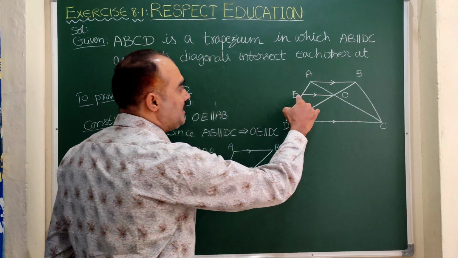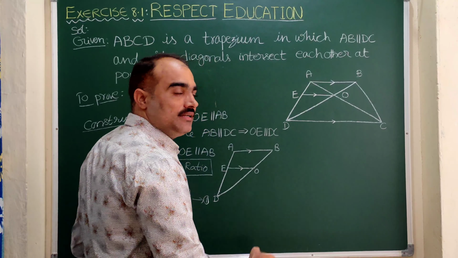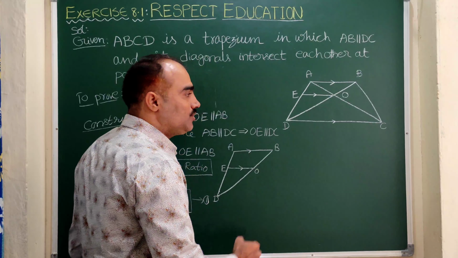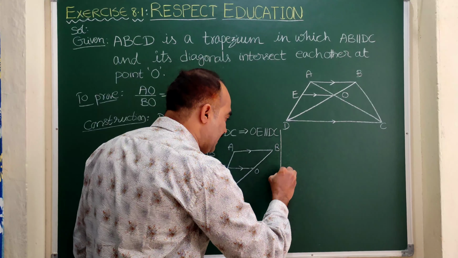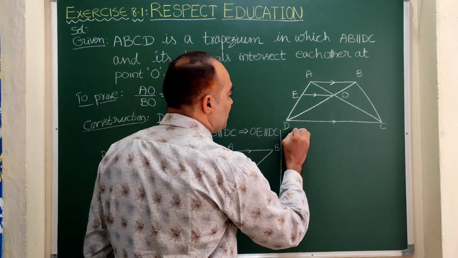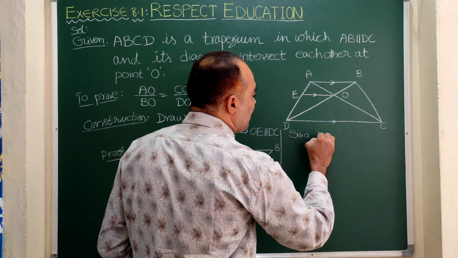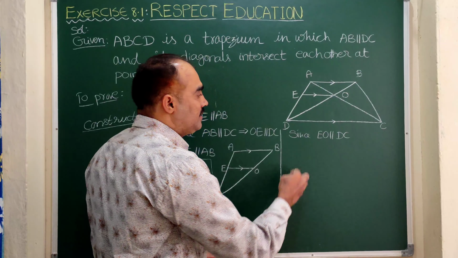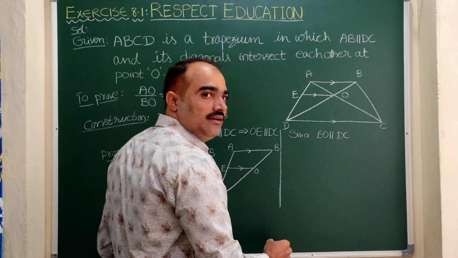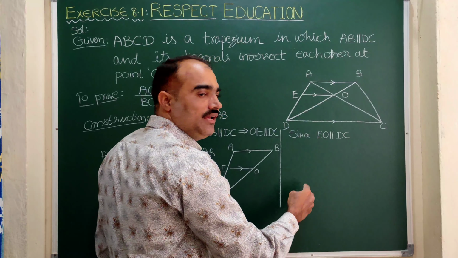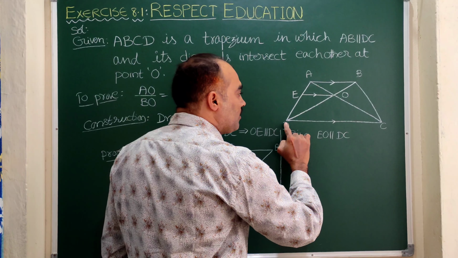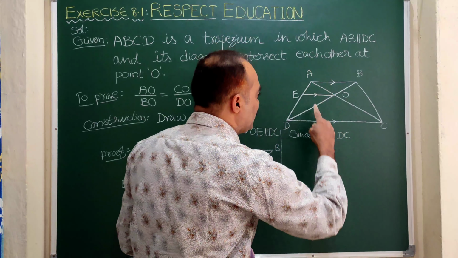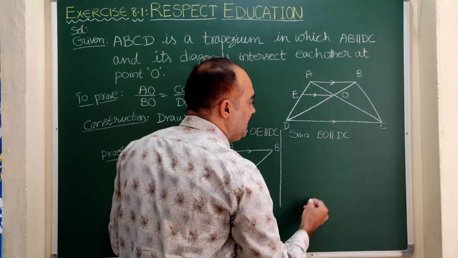Now here the same EO is parallel to DC too. So let us consider that case. Since EO is parallel to DC, DC is the longer side whereas EO is the shorter one. Let us start from DC to EO, then let us reach A. So here let us take this triangle ADC.